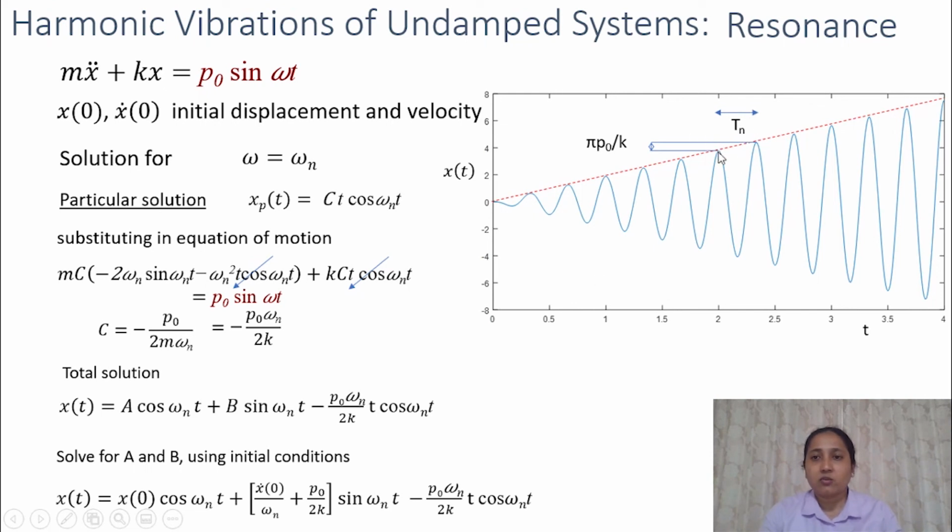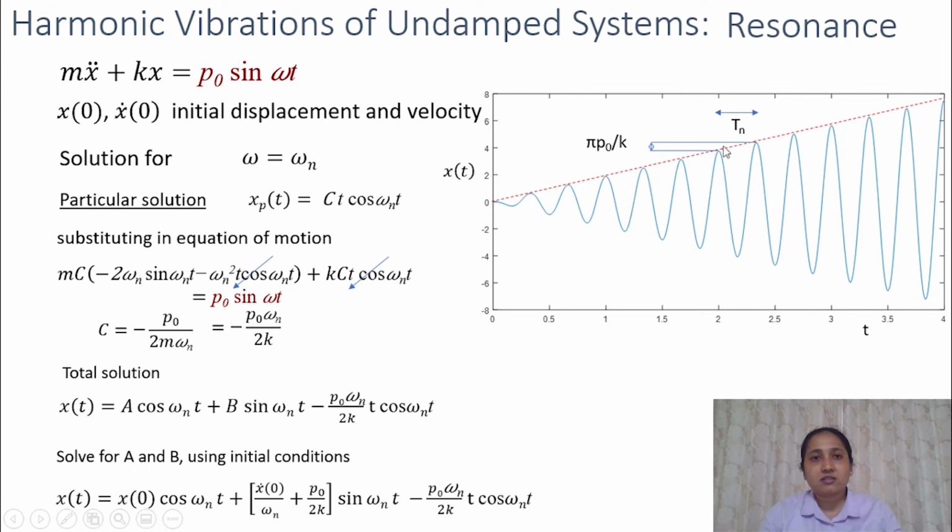So in one cycle, the amplitude of this total response will increase by pi P naught by k. If you substitute omega n t plus Tn, the natural period, you will get an amplitude which is higher than the first amplitude by this much. So at each cycle, the amplitude increases by pi P naught by k.